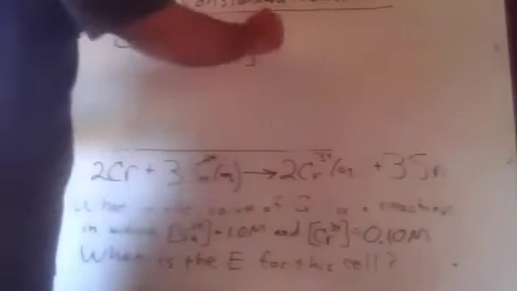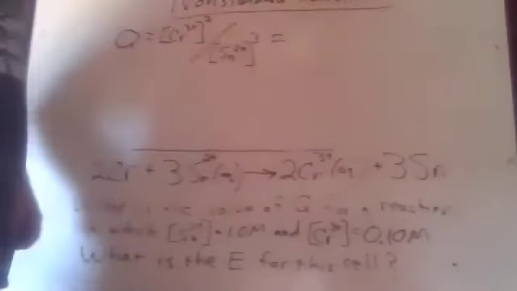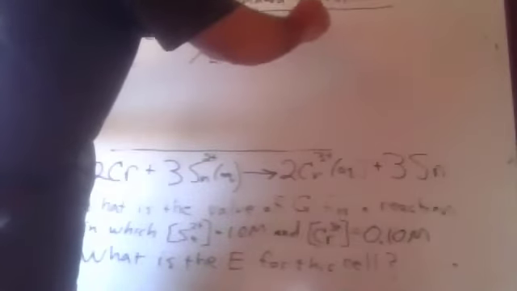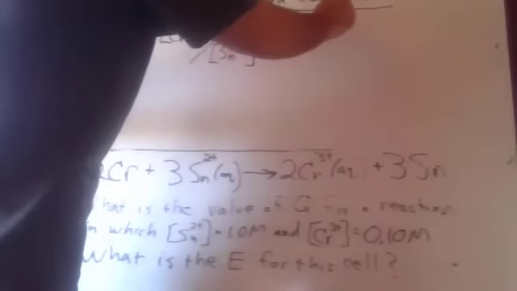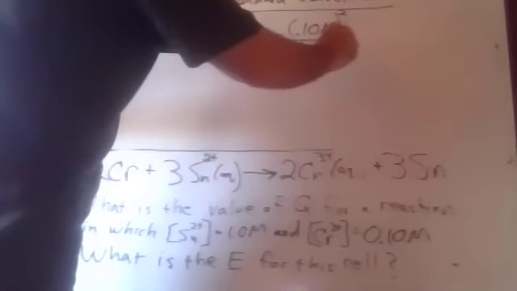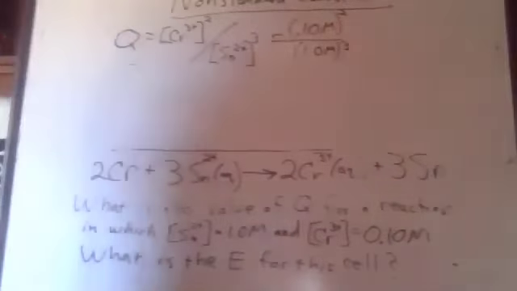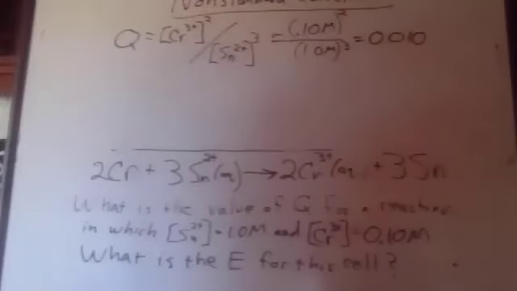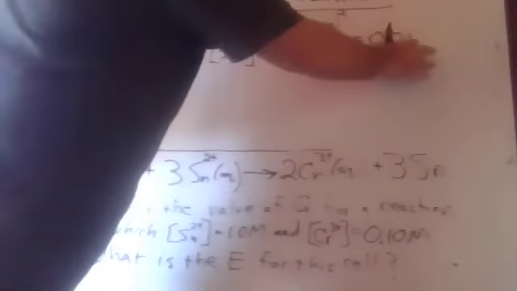So we put in our information from the question here. The top number is going to be 0.1 molar squared. The bottom number is just 1, which is Q. So that's going to be 0.1 squared, which is equal to 0.01, and that's unitless.